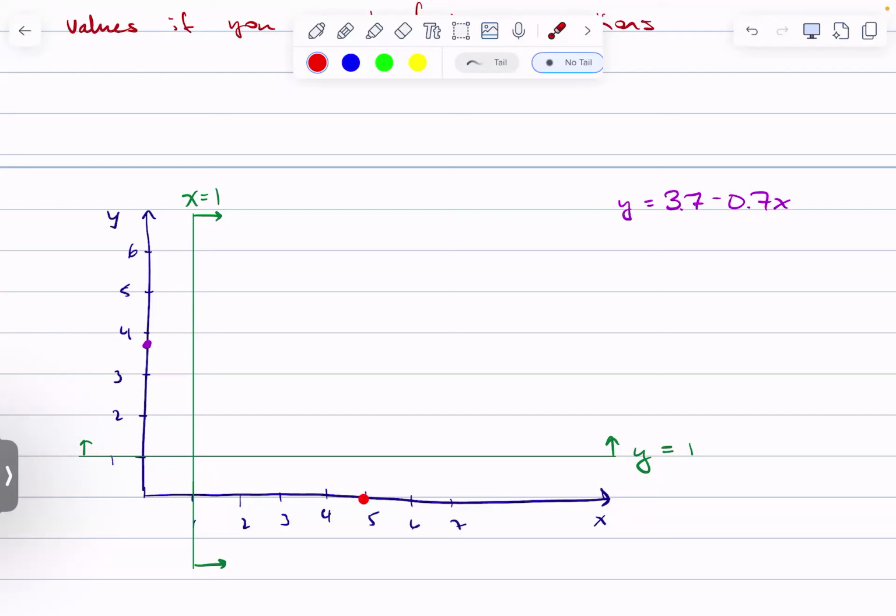Let's just brute force it. If I let x be 5, you get y is 3.7 minus 0.7 times 5. So now I want to figure out where on the y-axis I'm going to end up. Time will tell. 0.7 times 5, and then 3.7 minus that. I get 0.2.